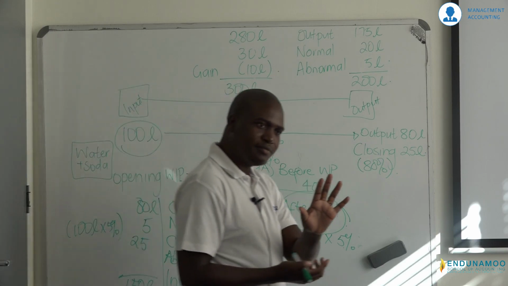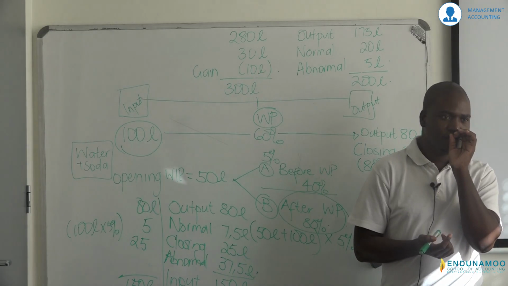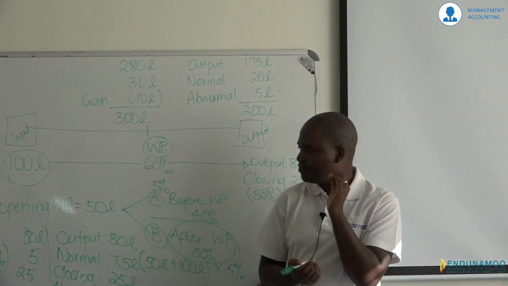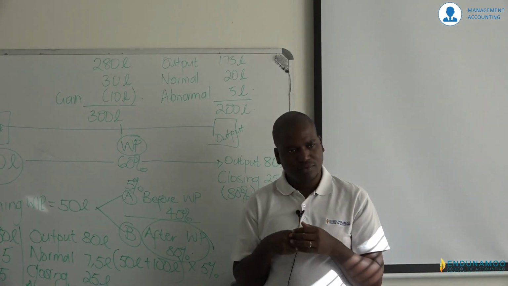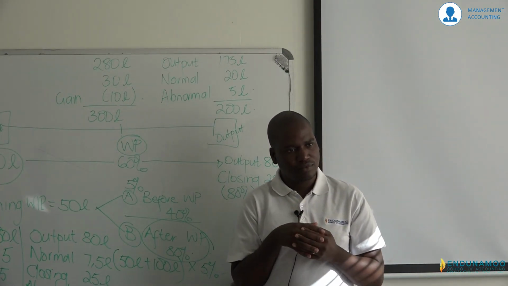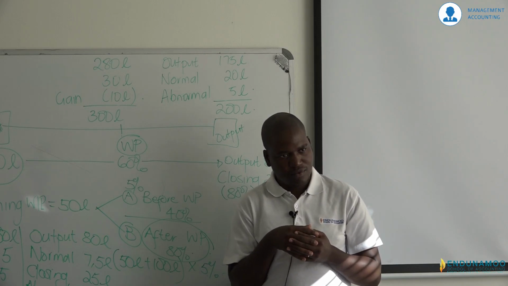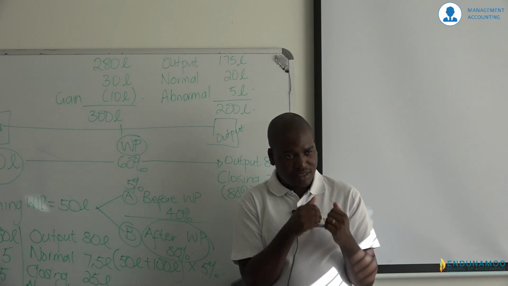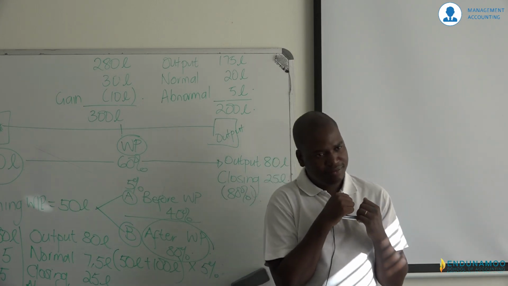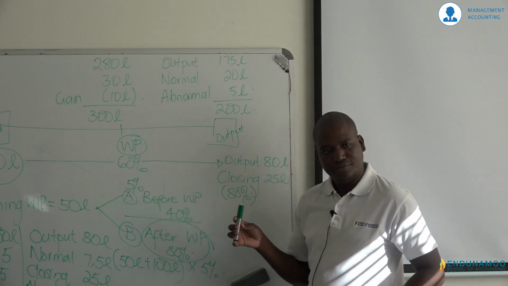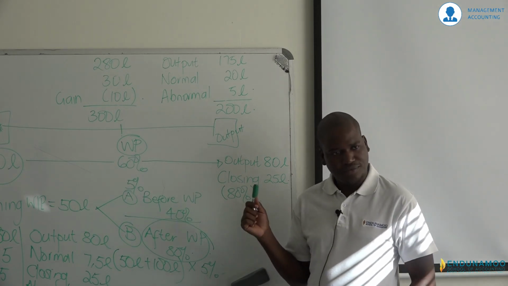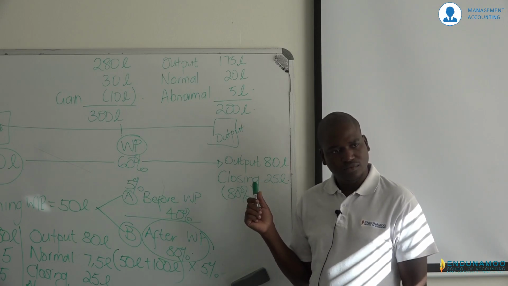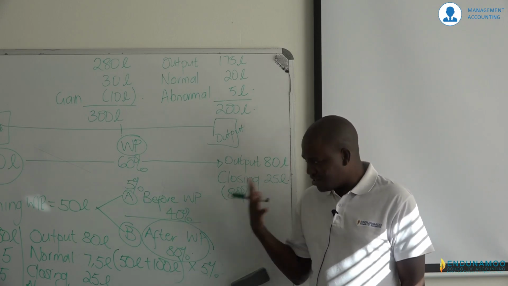I get that in the current year we have that 100 liters of input, and in the previous year that we carried into this year, we had 50 liters, which was 80% complete, and now it's after the wastage point.